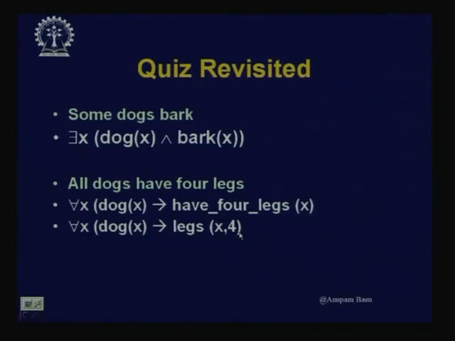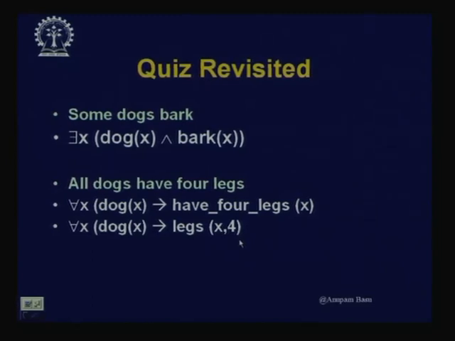Now, just a question here, for those of you who have noted it carefully: could I write this as for all x, dog x and have 4 legs x? Would it be correct, or is the earlier one a better representation? Just think about it.